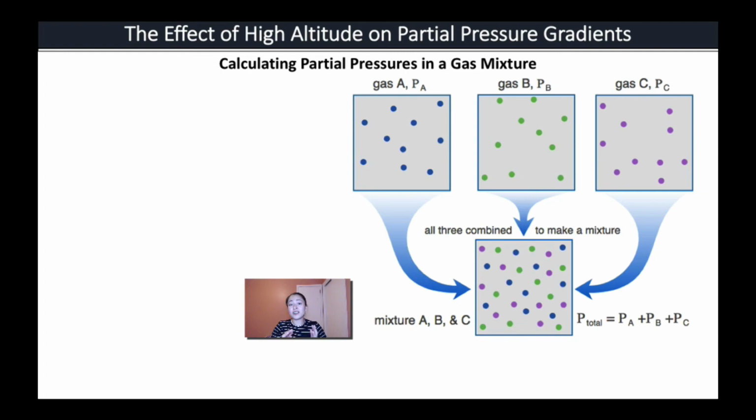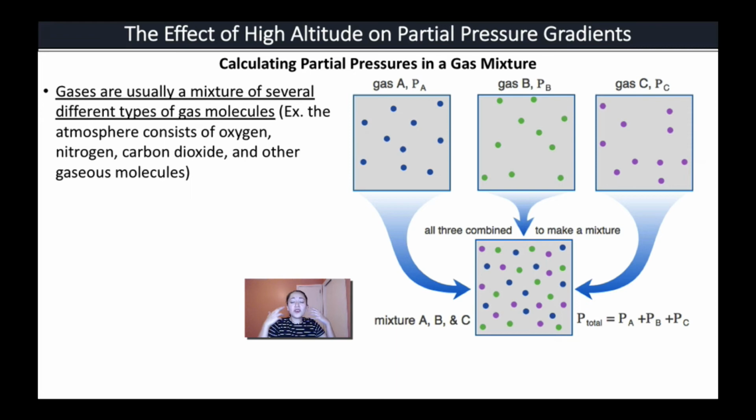In order to understand this, you have to understand how partial pressure is calculated in a gas mixture. And this is something you want to understand for the exam. So first thing that you have to realize is that gases are usually a mixture of several different gas molecules. For example, the atmosphere consists of oxygen, nitrogen, carbon dioxide, and some other gaseous molecules as well.